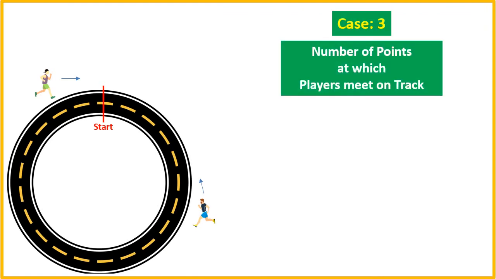Case number 3, number of points at which players meet on the track. Now if these players are going to run for a number of laps, they are going to meet at different points on the circular track. Sometimes on the start point, sometimes somewhere other than the start point. Then exactly how many points are there where these players can meet?